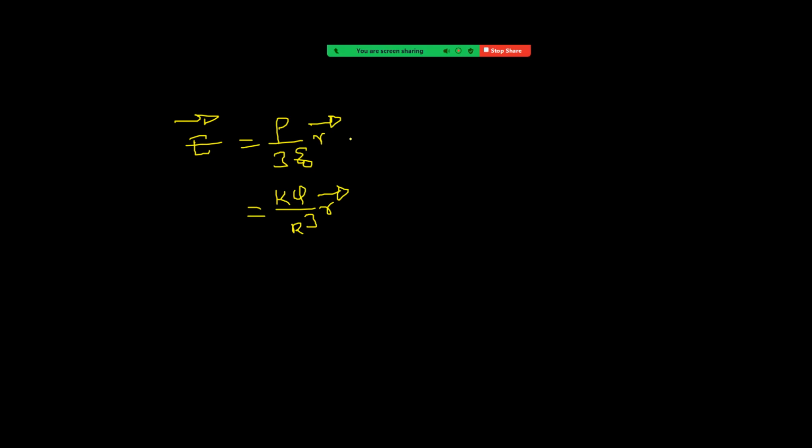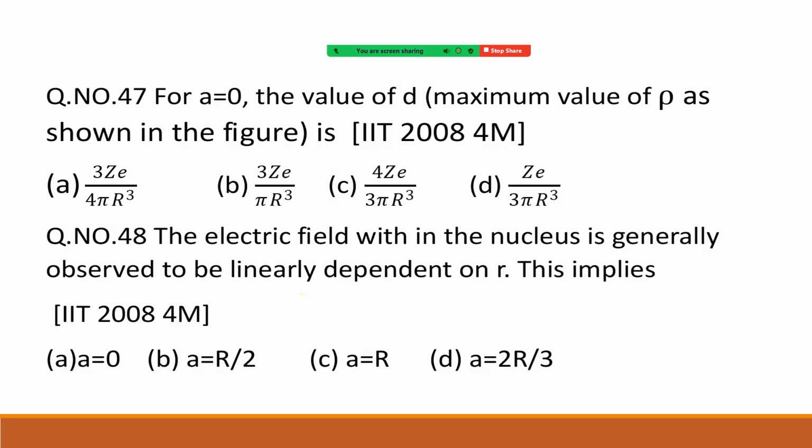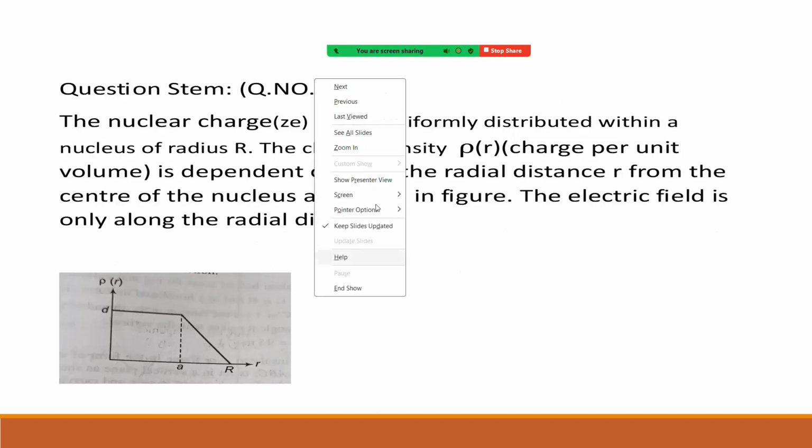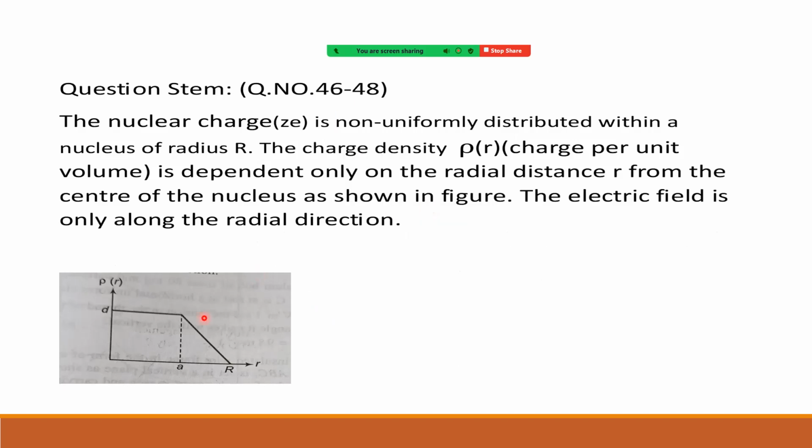So this is when density is constant. Density constant means, from the graph, A value must be equal to R. If A is R, its meaning is up to the surface density is constant.